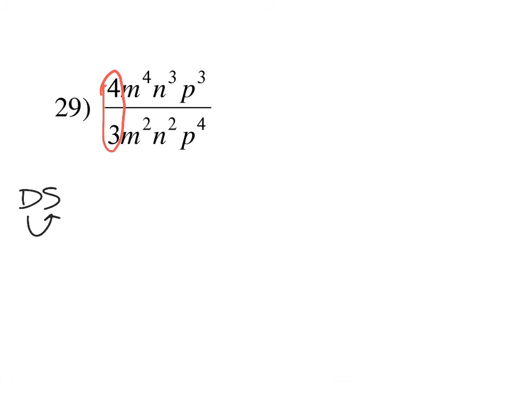Can't actually divide it, so I'm going to leave it as 4/3. 4/3 is 1.3 repeated, so we're just going to leave it as a fraction. Then you have the m's. We're going to subtract m to the 4 minus 2, which is 2. N to the 3 minus 2, which is n to the 1.